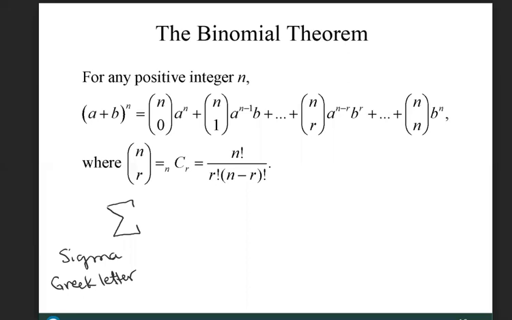So we can say add up every n choose r times a to the n minus r times b to the r. So that means when r is 0, we have n choose 0, a to the n minus 0, b to the 0, right? When r is 1, n choose 1, a to the n minus 1, b to the 1. So we're substituting values of r. And we're going to start substituting at 0, and we're going to stop substituting at n.